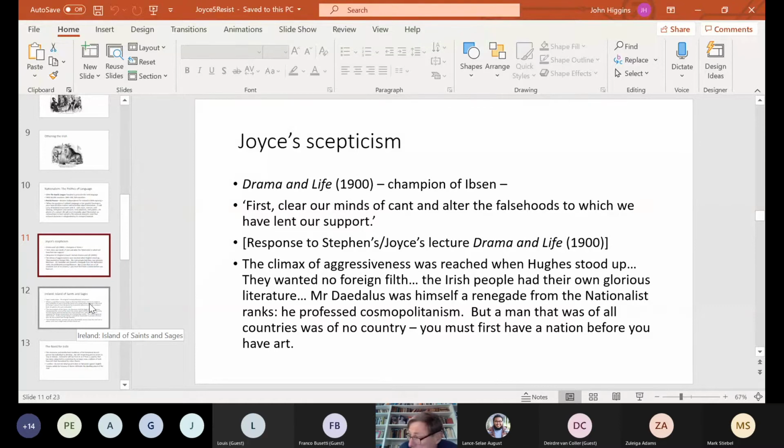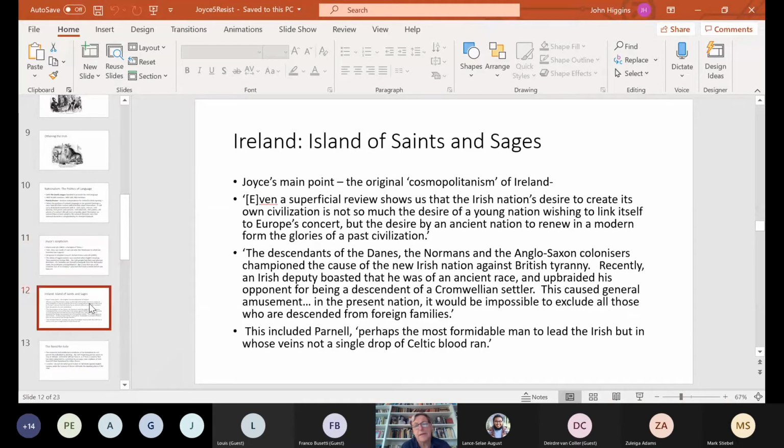And the most powerful of these and the most sustained is a lecture he gave in Italy, 1907, called Island of Saints and Sages, where in an essay form he argues his case very interestingly and persuasively.